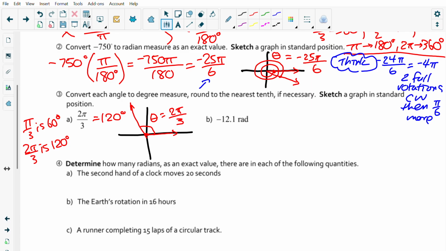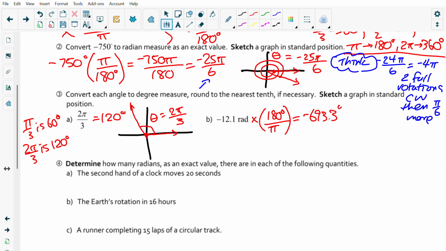Negative 12.1 radians. This one I need to convert by multiplying by 180 degrees divided by pi. I get negative 693.3 degrees. Okay, how do I think about this one?